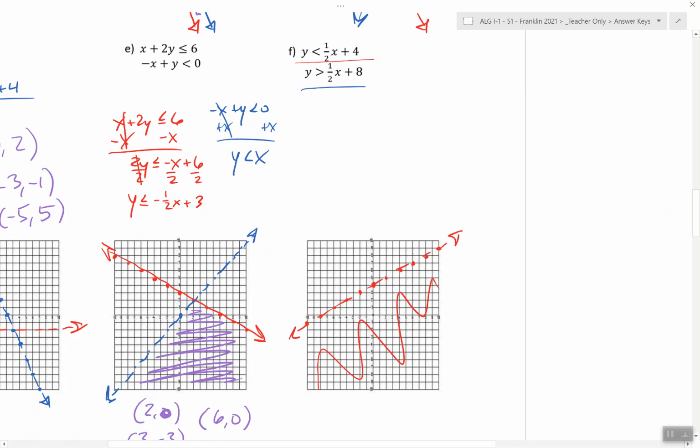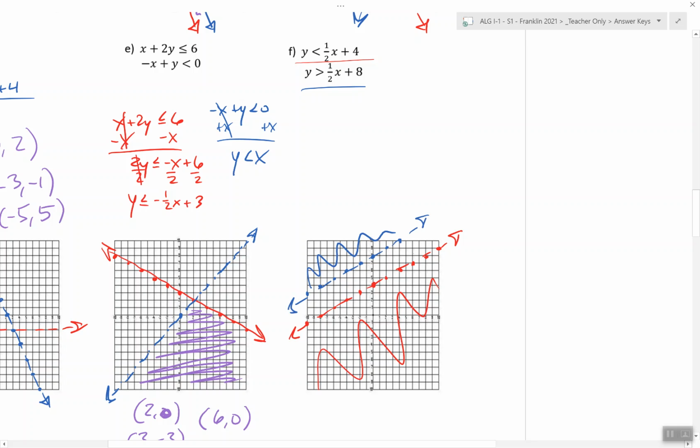For the next one, 1/2 x plus 8, so this one starts at 8. It has the same slope, so again, this is a parallel line. We'll see what that means for the shading. This one is also a dotted line, and it gets shaded above.